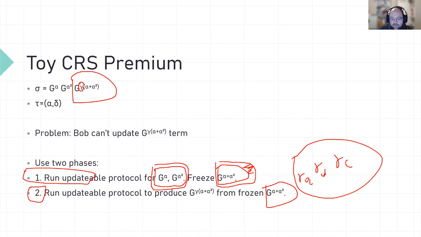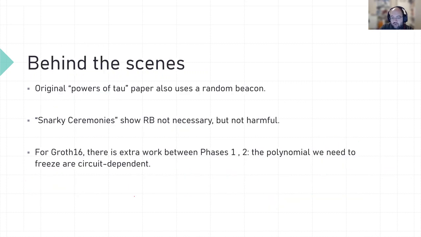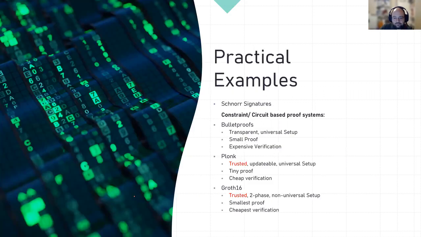So this frozen term for, say, Tornado Cash would be different from the frozen term for, say, Semaphore. So what does this mean? It means that you need to run phase 2 multiple times, which is more trouble and more expensive, but that is what you need for a more efficient protocol.